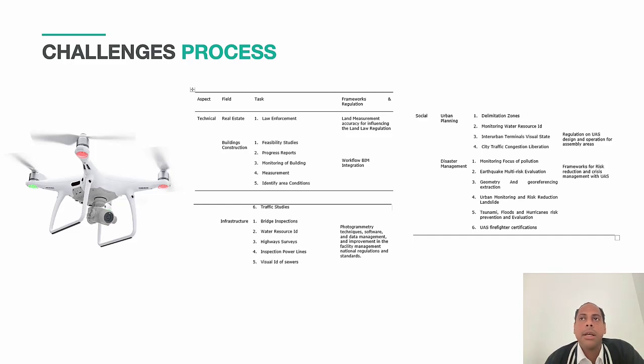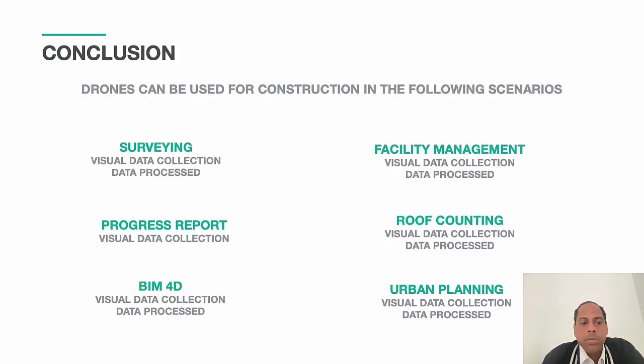Sometimes after a disaster, there are plenty of helicopters, international aid, or other bodies assessing the area. So drones flying in that particular area might be over your private land space, but the airspace is totally different. So based on those inconveniences that we may face, we need to understand what the implications are in legal issues. So in conclusion, drones can be used for surveying, progress reports, BIM 4D, urban planning, route counting, and facility management.